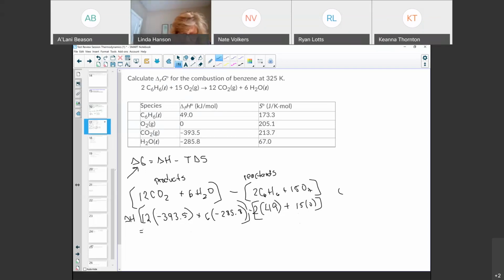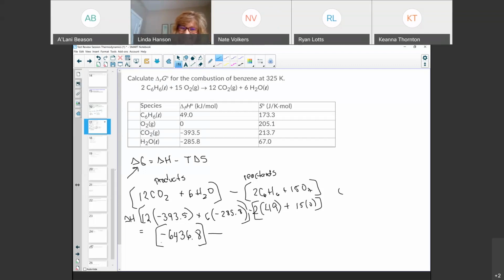Let's hit this: 12 times negative 393.5 plus 6 times negative 285.8. Simplifying the first bracket, that's the sum of the products.